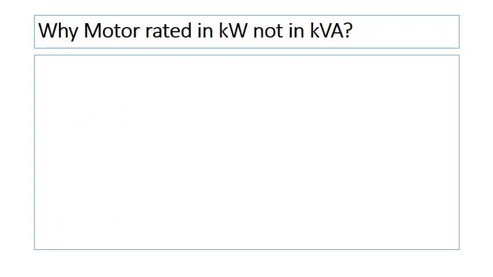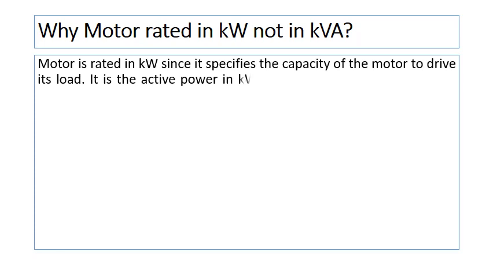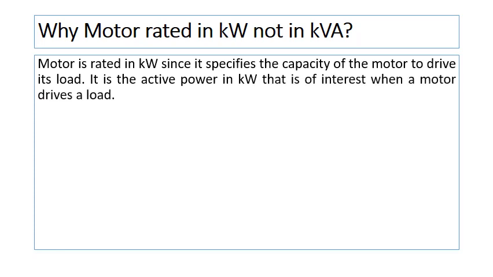Why is a motor rated in kilowatt, not in kVA? The motor is rated in kilowatt since it specifies the capacity of the motor to drive its load. It is the active power in kilowatt that is of interest when a motor drives a load.